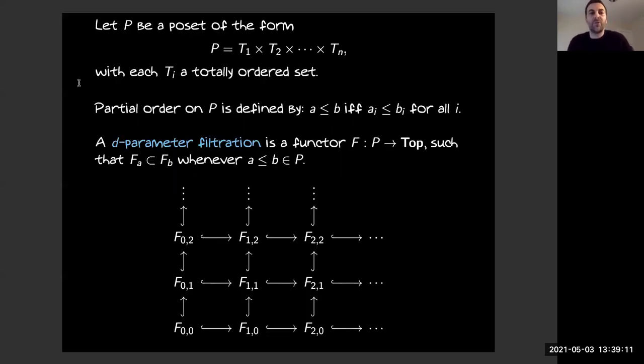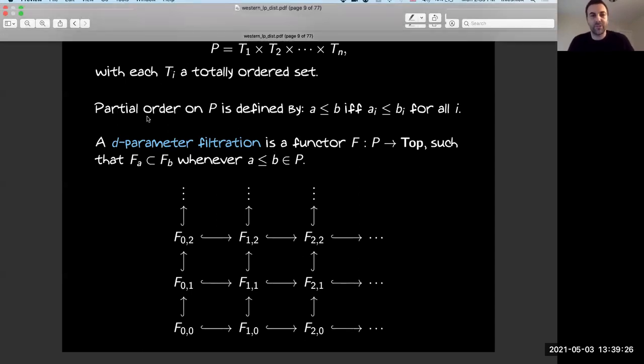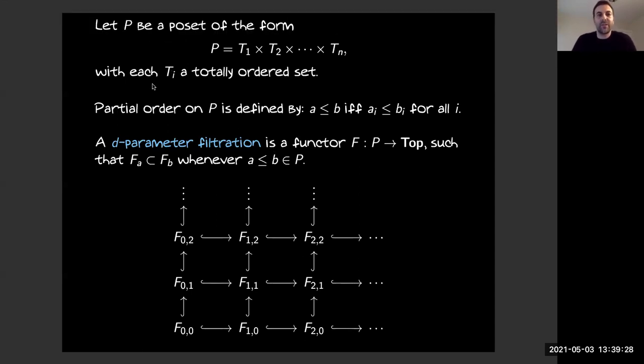Okay, so before going forward, I want to clarify precisely what I mean by a multiparameter filtration and a multiparameter persistence module, because I'm going to use a couple of different definitions throughout this talk, and I want you to understand what I'm doing there. So I'm going to let P be a product of n totally ordered sets, where I take the usual partial order.